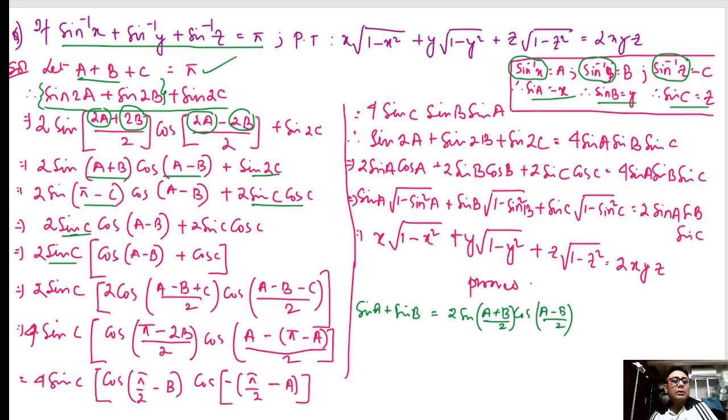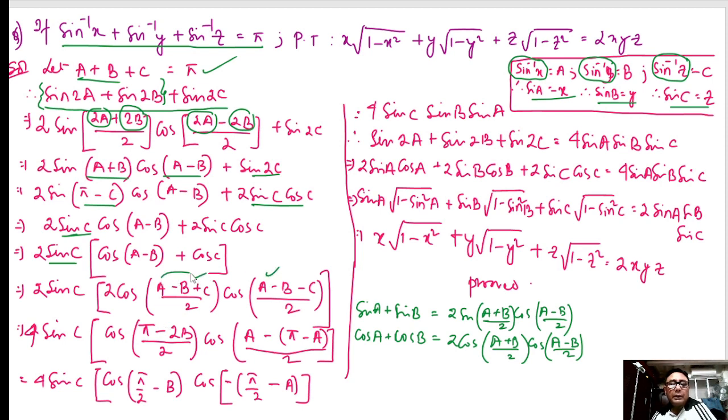So what is the formula of cos a plus cos b? Two cos of (a plus b) by 2 into cos of (a minus b) by 2. This is the formula. Applying this, we are getting this and this.